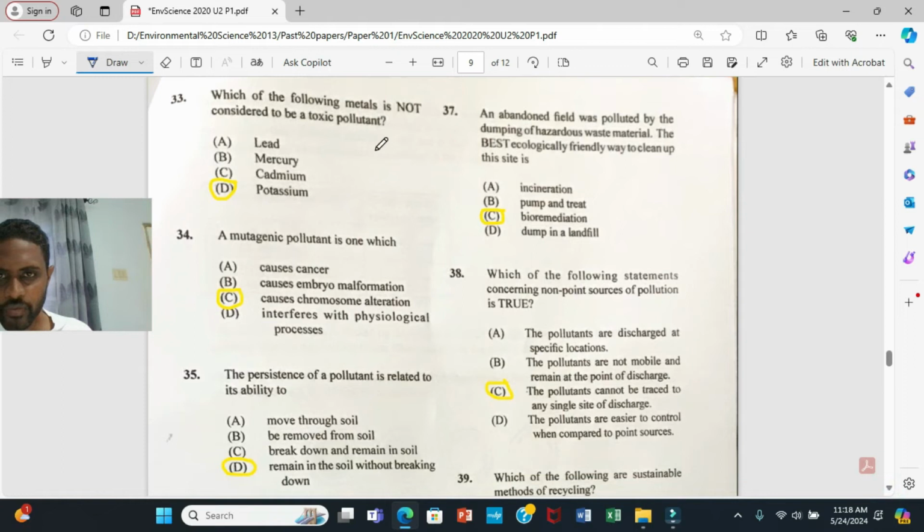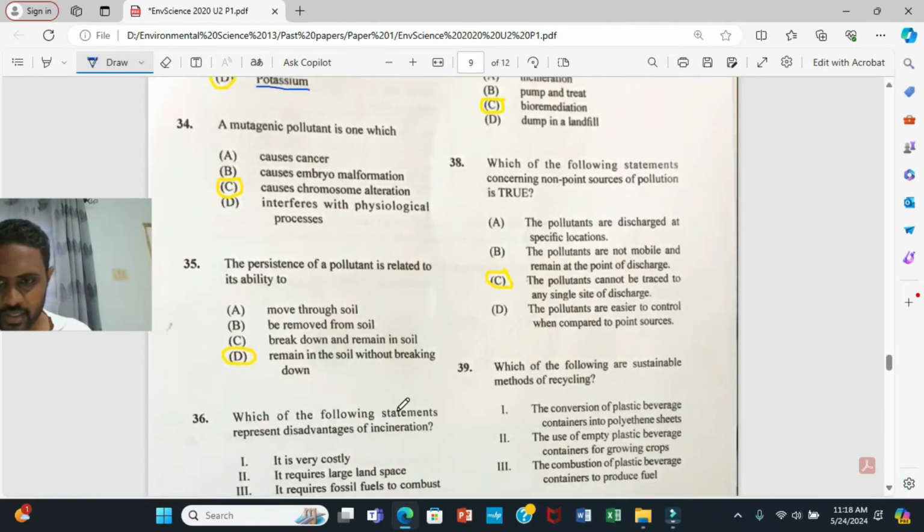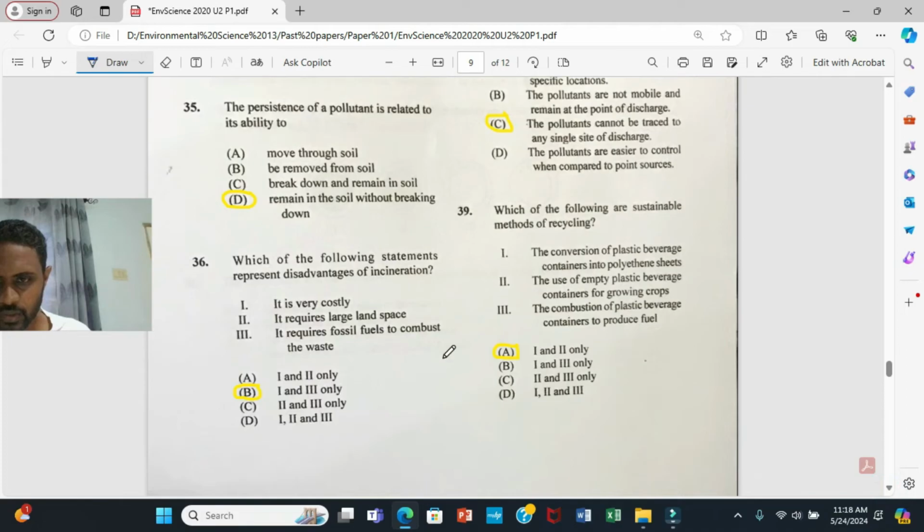Number 33, which of the following metals is not considered to be a toxic pollutant? That's D. It's not a toxic metal, but it is a plant nutrient, guys. 34, a mutagenic pollutant is one which causes chromosome alteration. 35, the persistence of a pollutant is related to its ability to, the answer is D, remain in soil without breaking down. 36, which of the following statements represents a disadvantage of incineration?